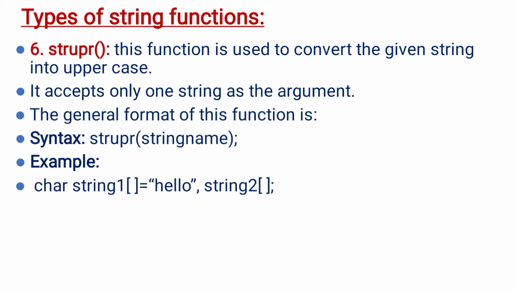Next we will see one example. Char string1 equals "hello" and string2 equals empty. Observe that for string 1 I am assigning the value in lowercase. Next I am writing string2 equals strupr of string1. Whatever value is stored in string 1 will be converted into uppercase, and the final converted uppercase string is stored in string 2.